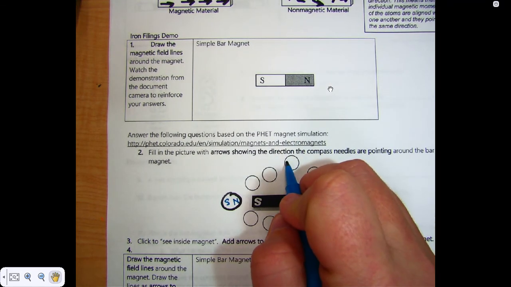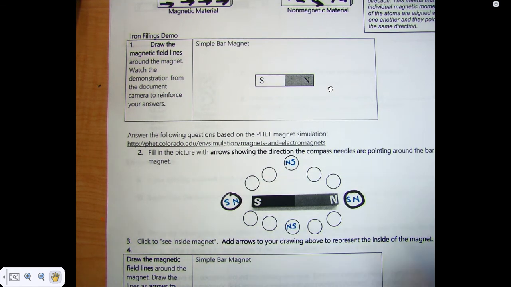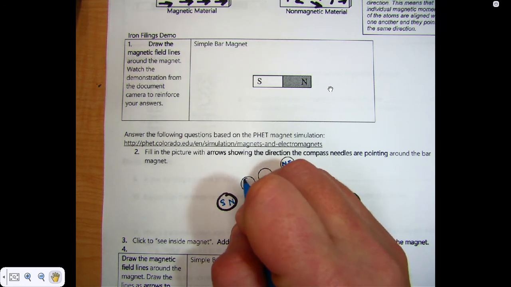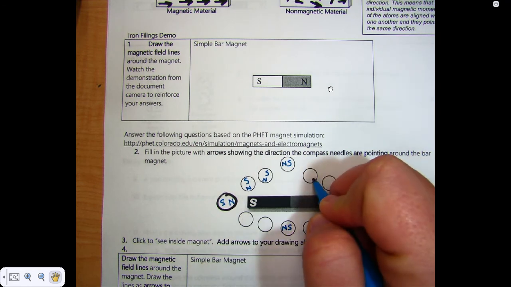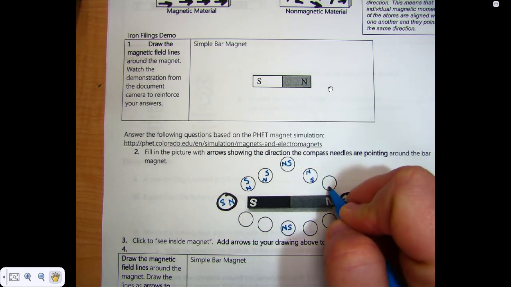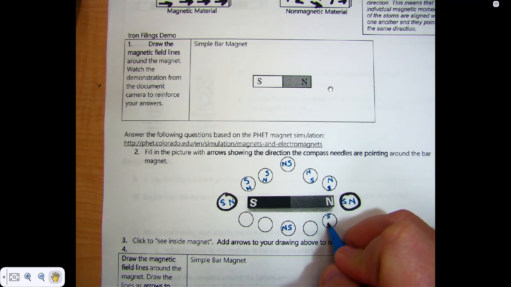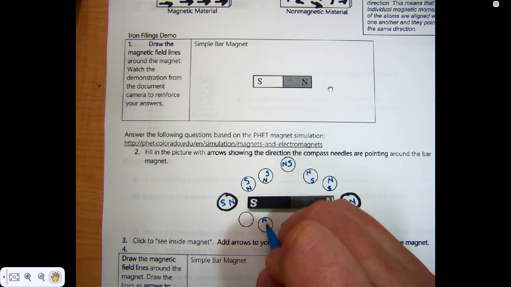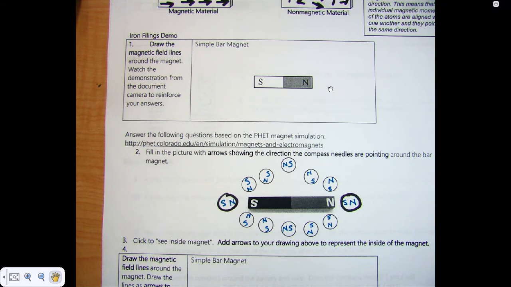Here, my north was here, my south was here, my south was here, my north was here. Okay, now I'm going to go around and see kind of how it was. North, south. Okay, and then you can see where the N is north and the S is south.